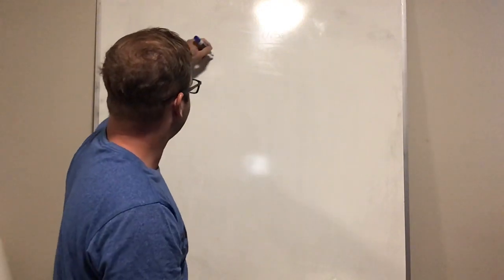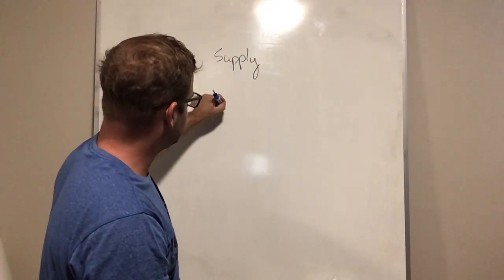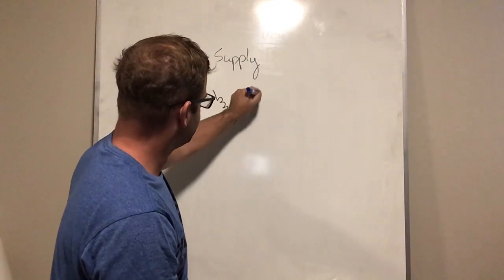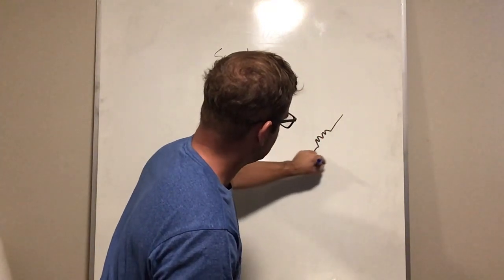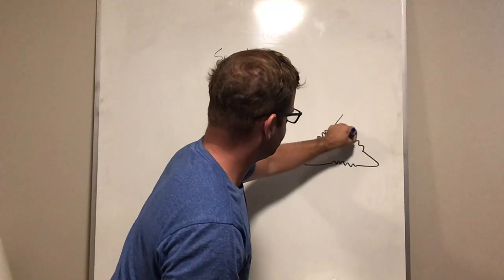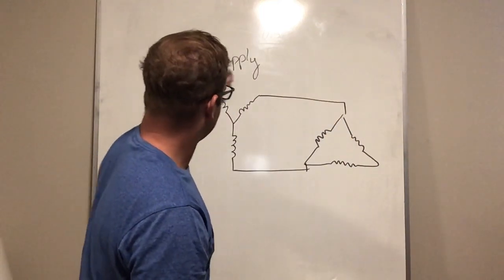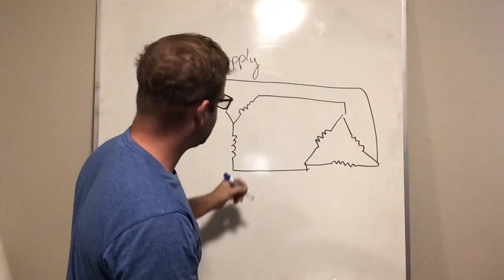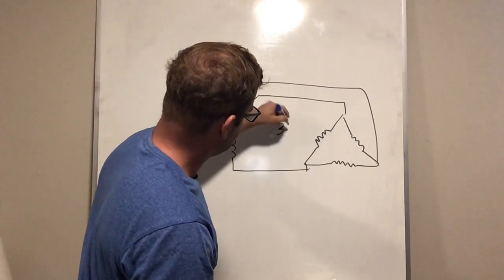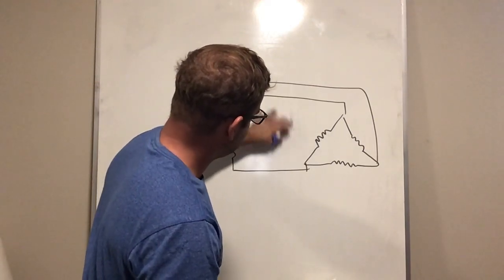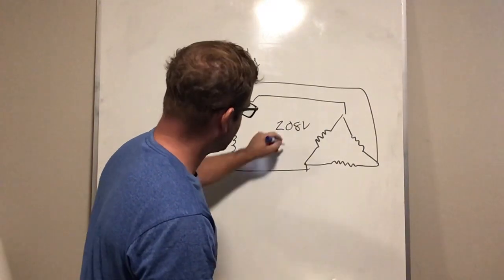All right, for our supply, we are going to use a Y power supply, and we're going to have a delta load this time, and I'm going to look at a voltage of, make it easy, let's do 208 volts for our line value.